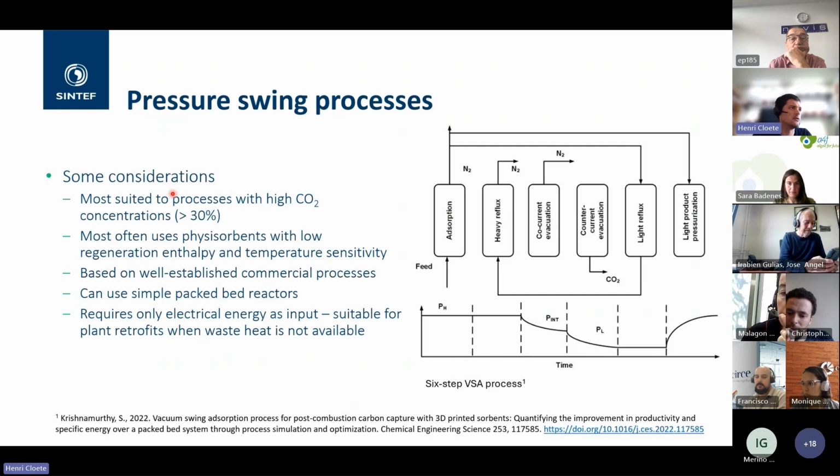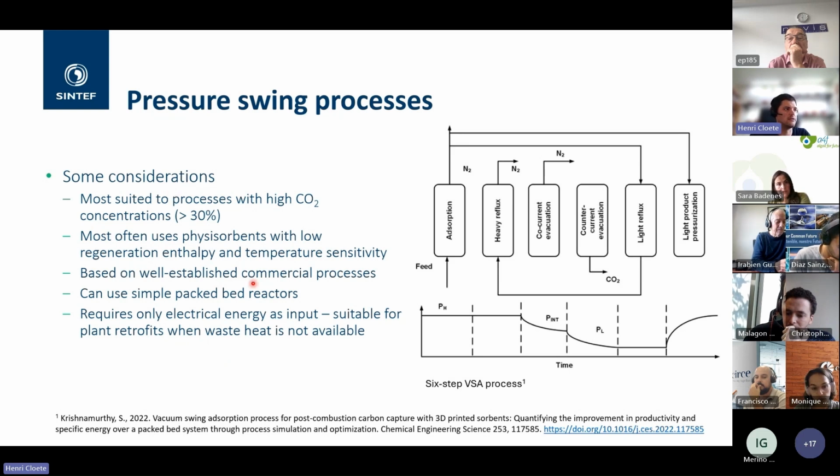In general, vacuum swing or pressure swing processes are better for higher CO2 concentration. This is very dependent on the process and what concentration you are at, but that can be a general statement. And in general, physisorbents are also used for these processes, which tend to have a lower regeneration enthalpy and a lower temperature sensitivity. So then you don't worry about the heat being released in the capture and the heat required for the regeneration.